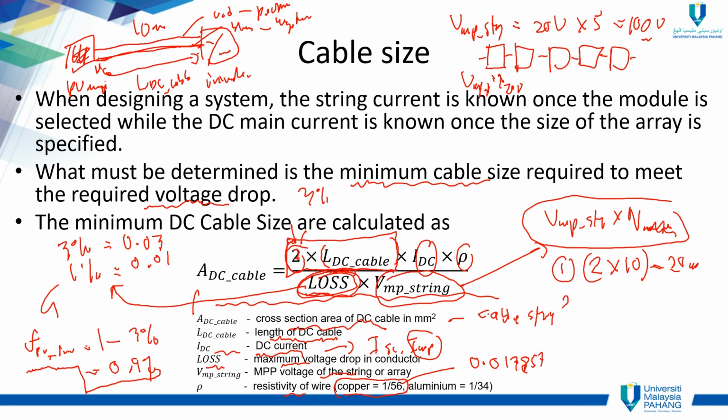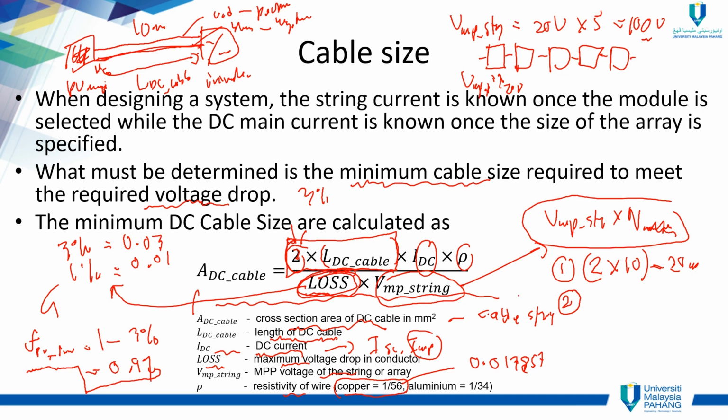What is the second case? The total cable used in this system is 30 meters, for example. Means that the budget that we have for the system is only 30 meters. So we have only one cable with the 30 meters. The length of the positive or negative is not stated.